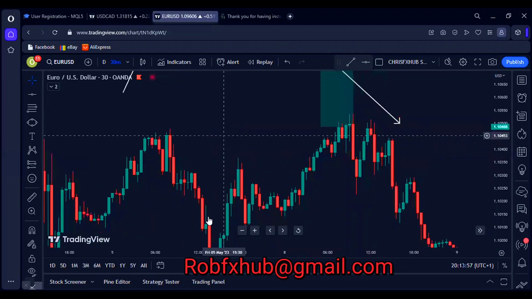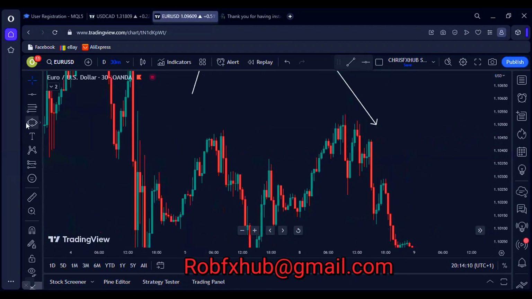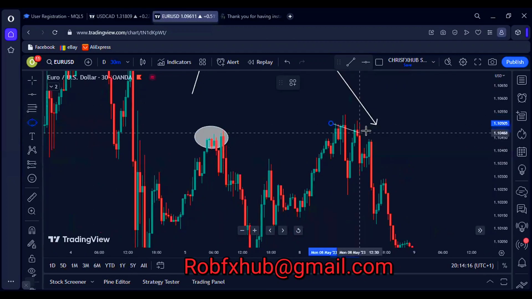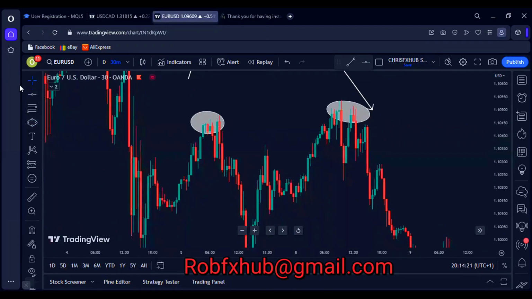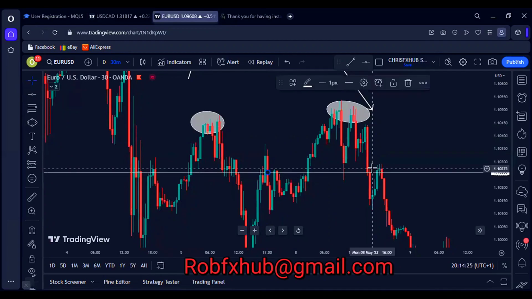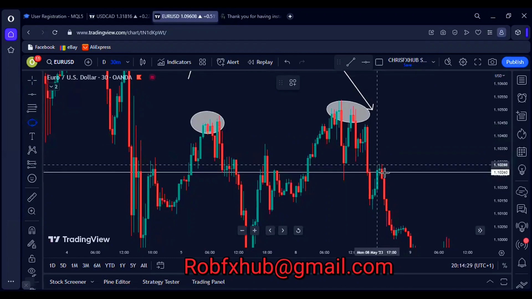Now, if you see, this is top 1, this is top 2. You get it? This is the structure. This is the break of the structure. This is the retest.